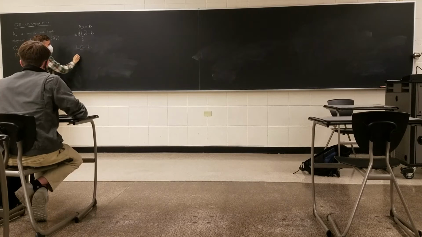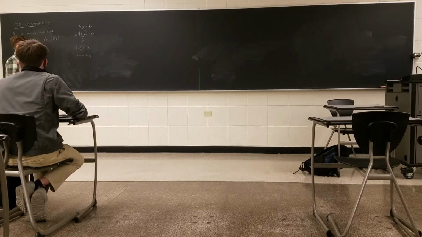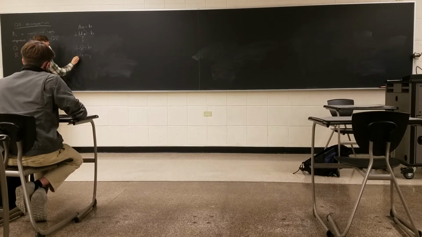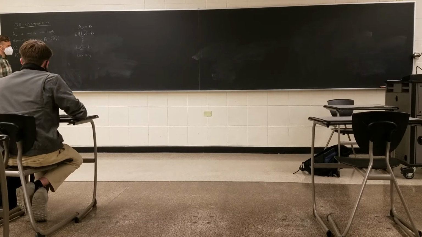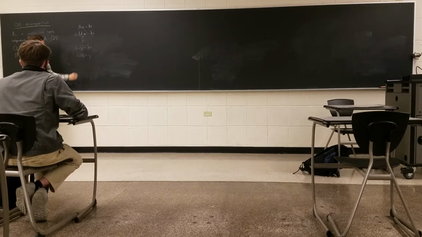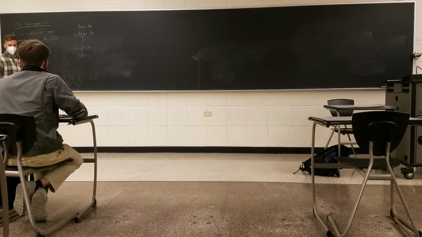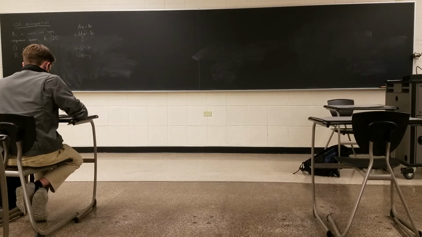And once we have Y, we can solve Ux equals Y. In this case, because this is upper triangular, we can use back substitution, and we get a solution that way. So it makes getting a solution easier. In fact, forward and backward substitution is usually something that we can do by hand. It's not difficult.